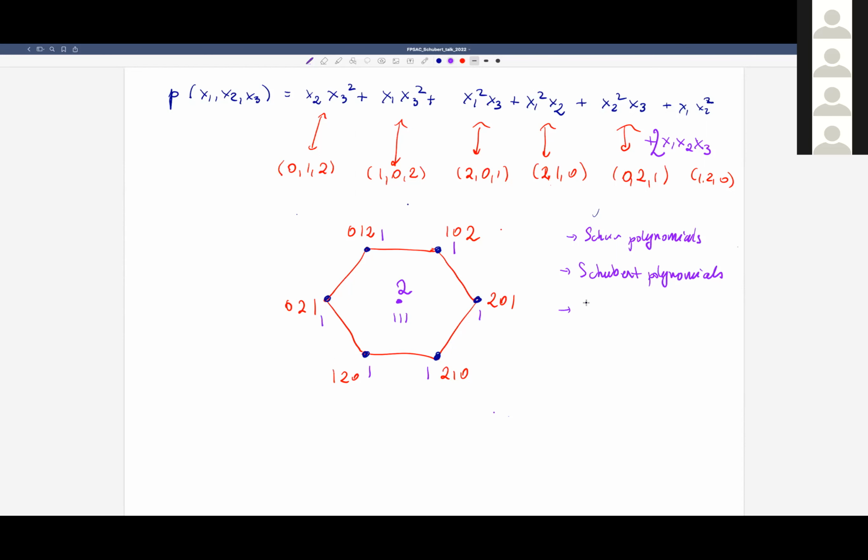And then we'll also talk some about Grothendieck polynomials. Most of what I'll say will be in this polytopal language, but not everything. Some will connect to posets and other combinatorial objects. All these polynomials are important in algebra, but we'll take a polytopal point of view.